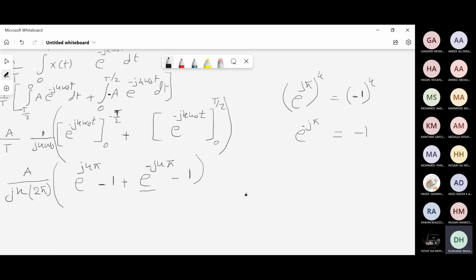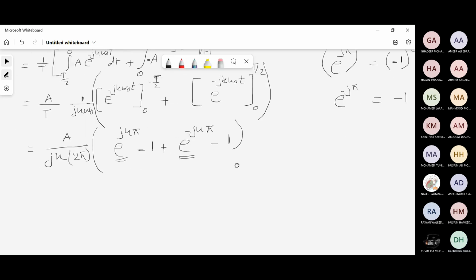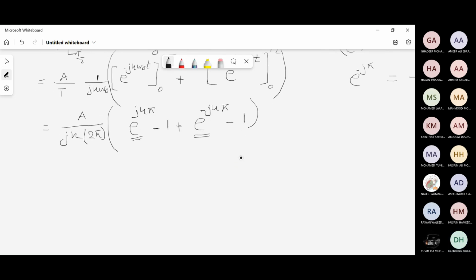So it is equal to a divided by j 2 pi k multiplied by minus 1 to the power of k multiplied by 2, because we have 2. Similarly, here we have minus 1, so it is minus 2. I can take 2 common outside. Then 2 cancels with this 2.